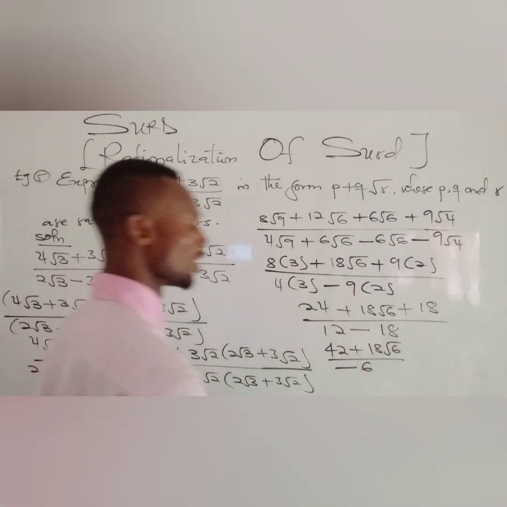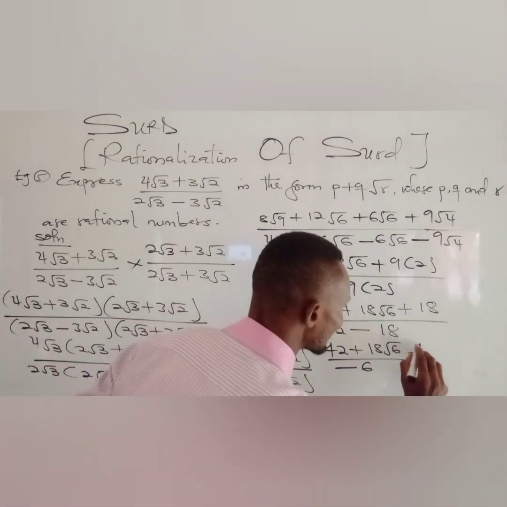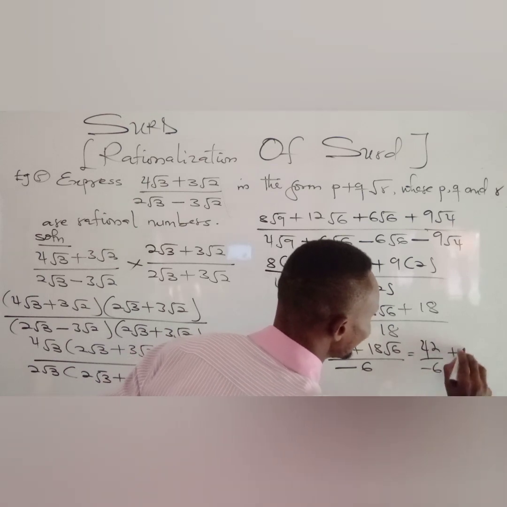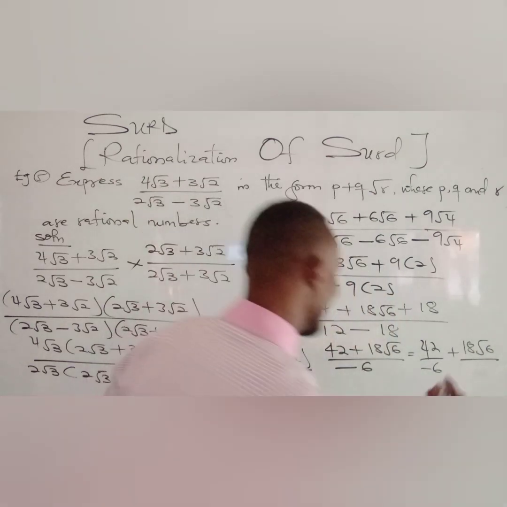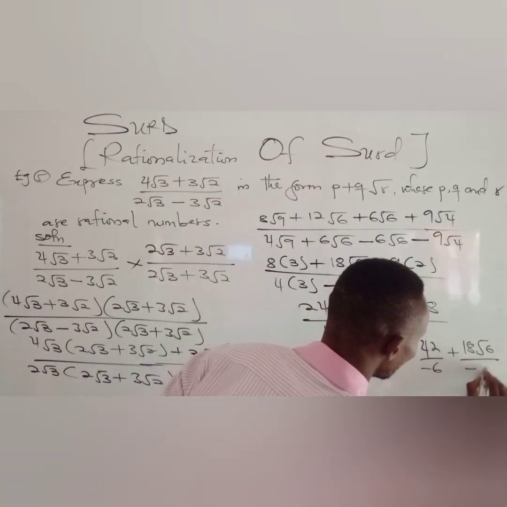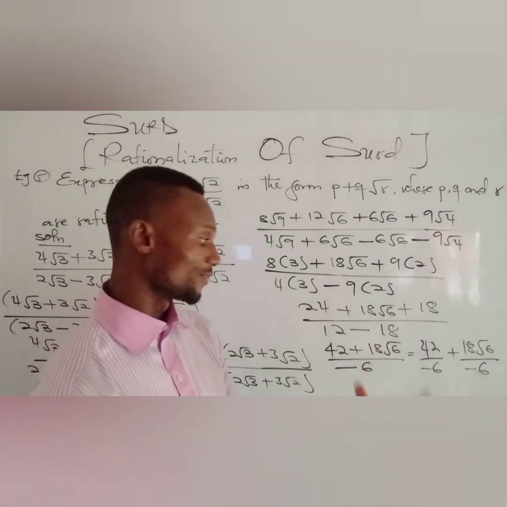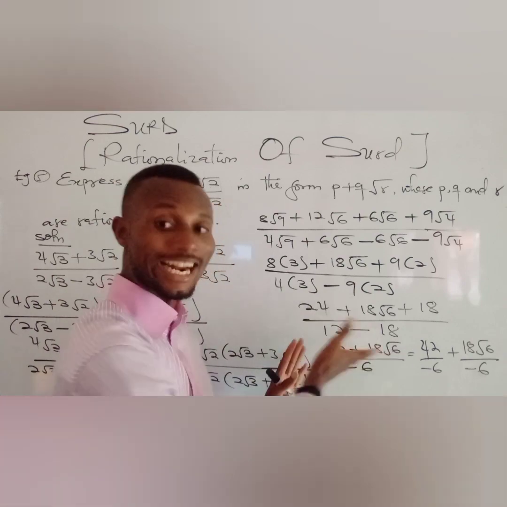From here we can simplify further by writing this as 42 over negative 6 plus 18 root 6 all over negative 6, and I hope you agree with me. Because I've explained in the previous videos that the denominator affects each term at the numerator.